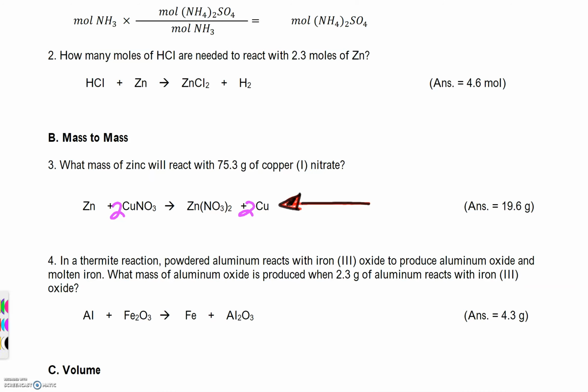So above zinc, we're going to put a question mark and a G for grams. Now, they only give us a single number at this point, 75.3 grams, and that is copper 1 nitrate. So we need to find the copper 1 nitrate, and we need to put 75.3 above it.